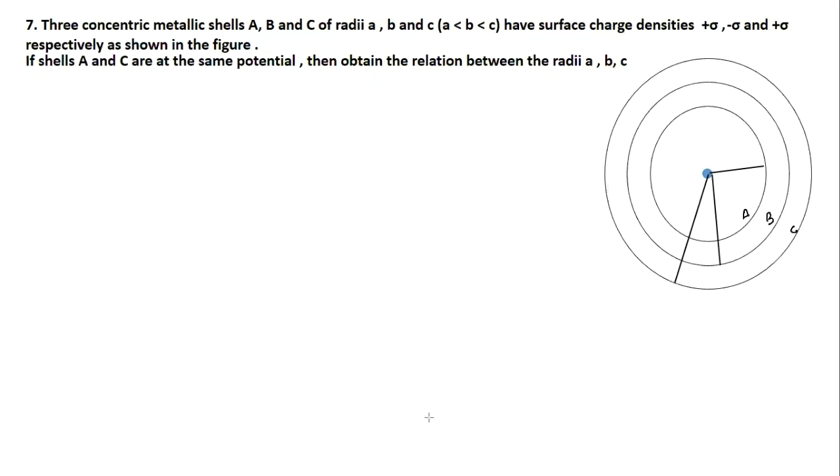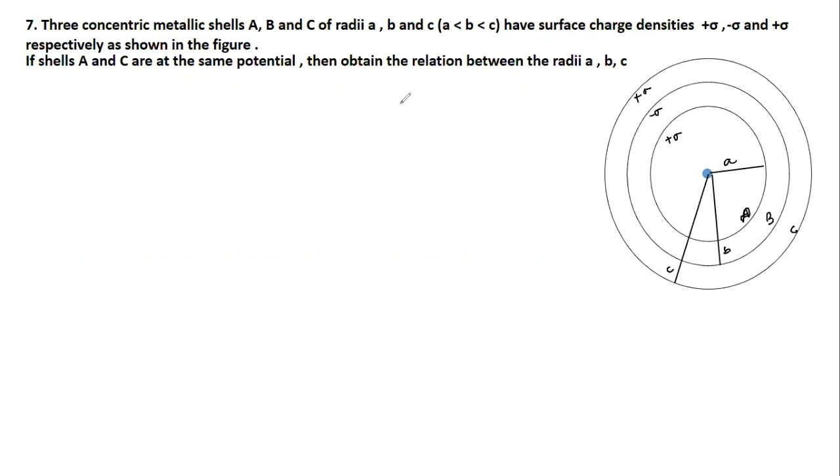Given these three metallic shells A, B, and C, all three shells have different charge densities. Shell A has plus sigma charge density, shell B has minus sigma charge density, and shell C has plus sigma charge density.